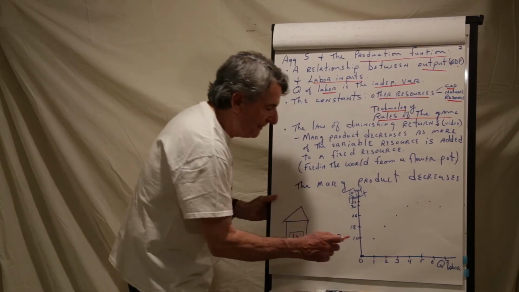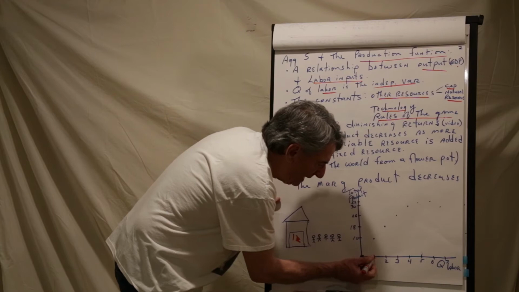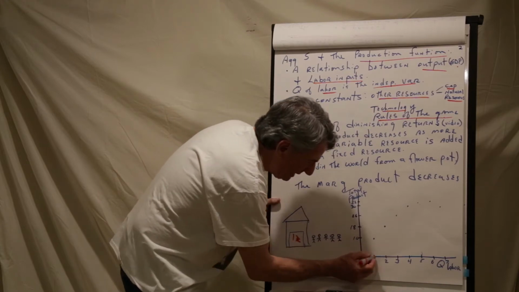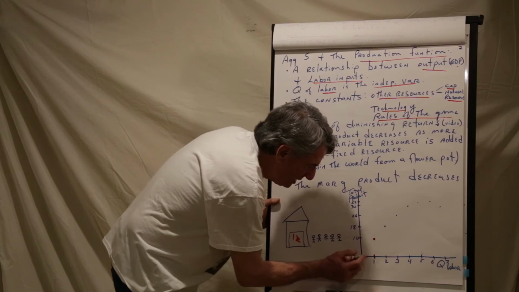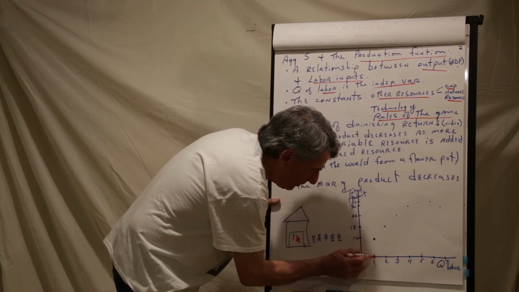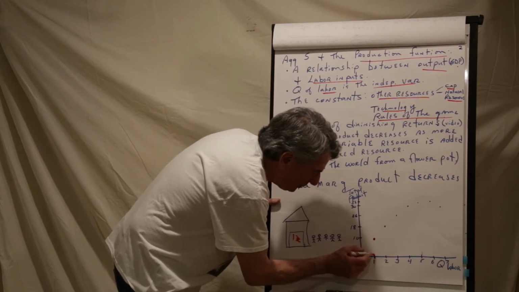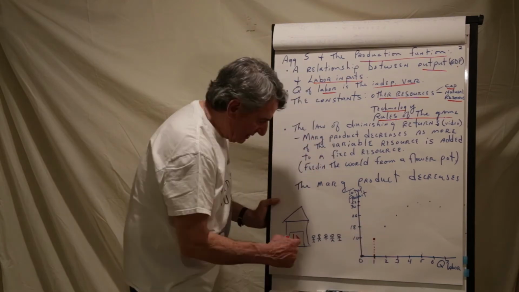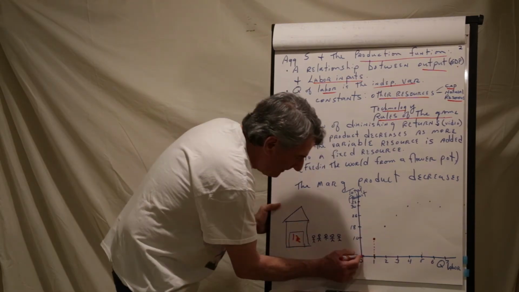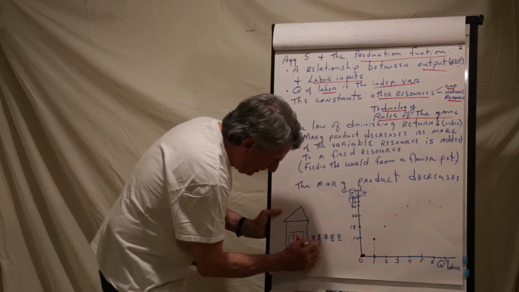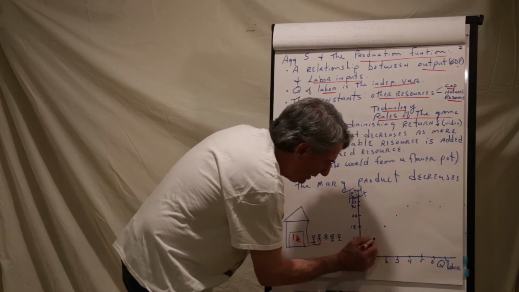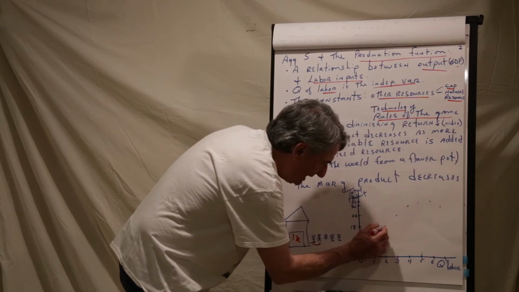When you bring in the first worker to work with this capital, you get 10 units of output. So the marginal product, that is, the additional production that came because this first person came to work, was 10 units. Now, if the second worker comes in, the total output goes from 10 to 18.